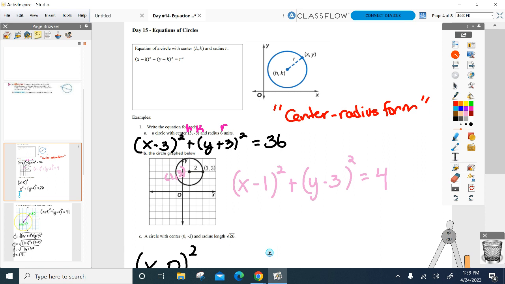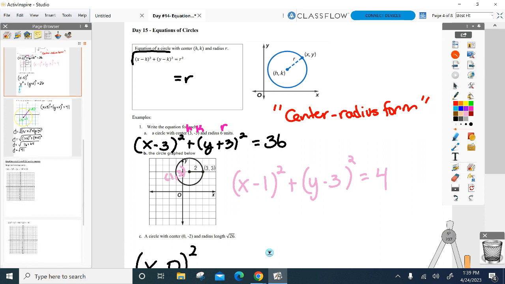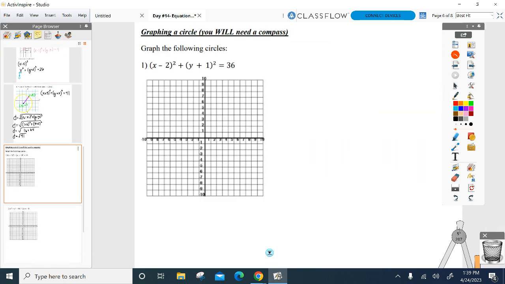What would you tell me to do on both sides to get this equal to r? That left side look familiar? What is it? Distance formula. Yeah, circle formula, distance formula are together. That's how the circle formula originated, from the distance formula.